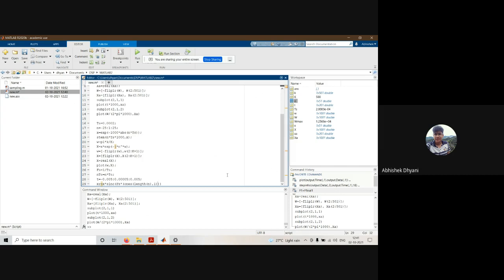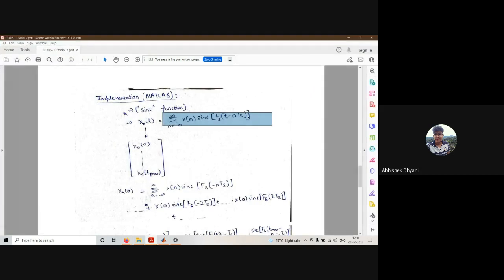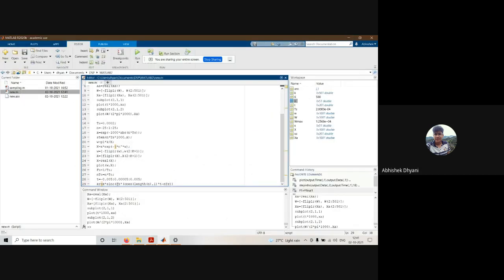And with this I'll multiply time. This way I have got fs into t, and now I need something like nts, right? Because there we have fs t minus nts. So I have written fs, this is t, and I have multiplied it with a vector of ones minus nts.